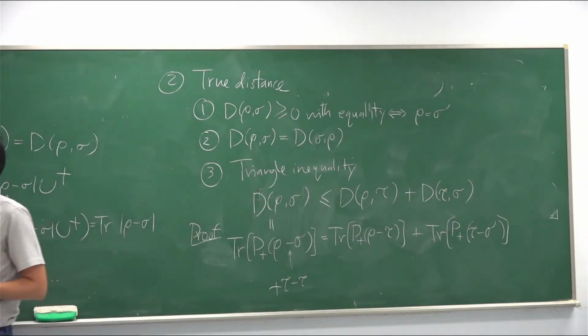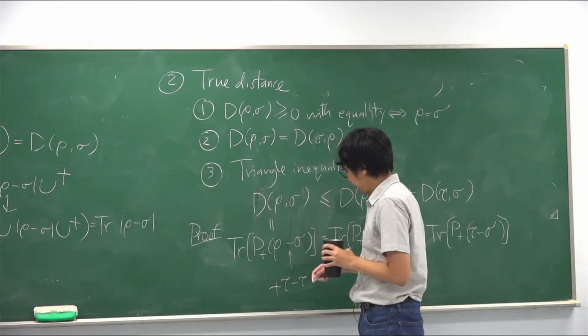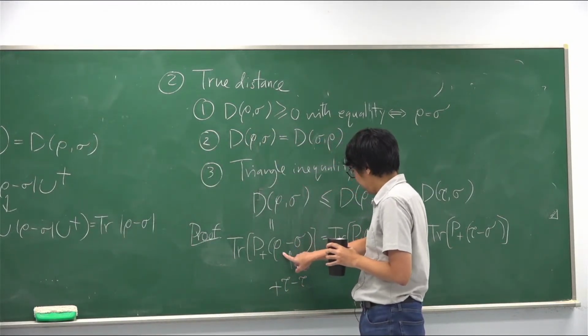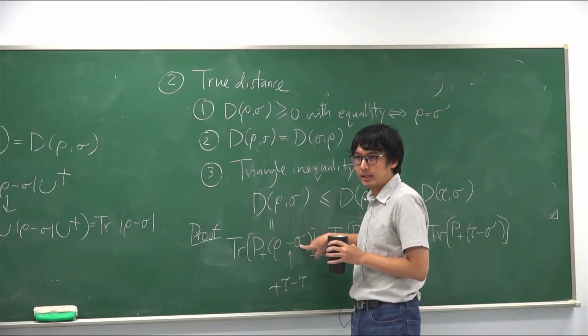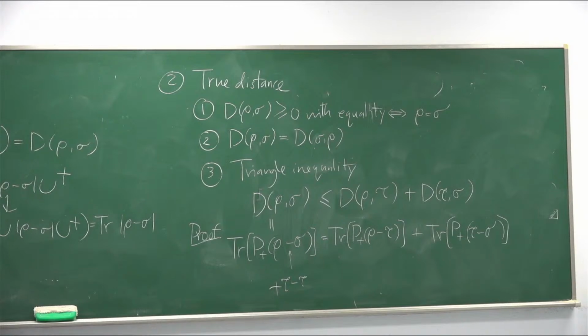I just add something and then subtract it back. You do this a lot when you compute some identity involving commutators, like in quantum mechanics. So I just write rho minus tau plus tau minus sigma, and then I get that.